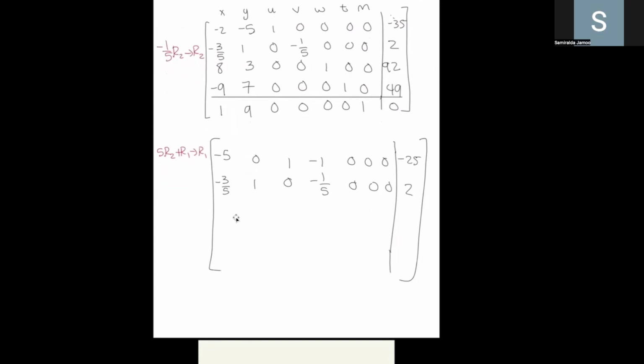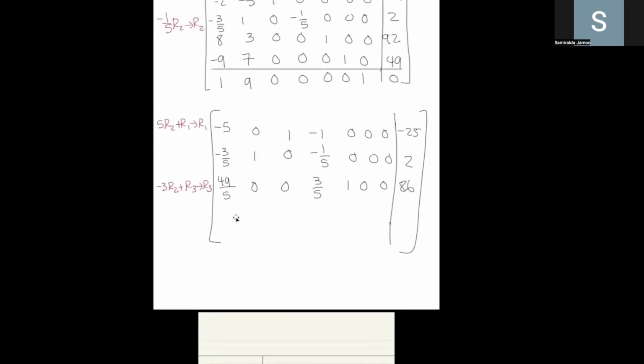Multiplied by negative 3, row 2 plus row 3 in row 3. 49 over 5, 0, 0, 3 over 5. Multiply by negative 7, row 2 plus row 4 in row 4.